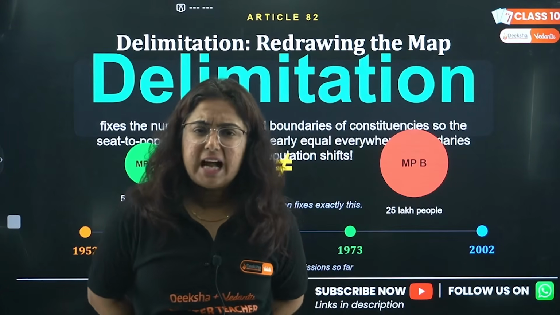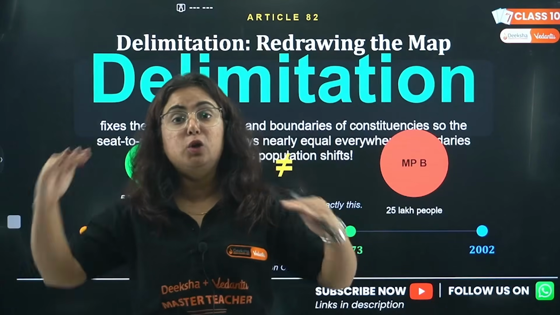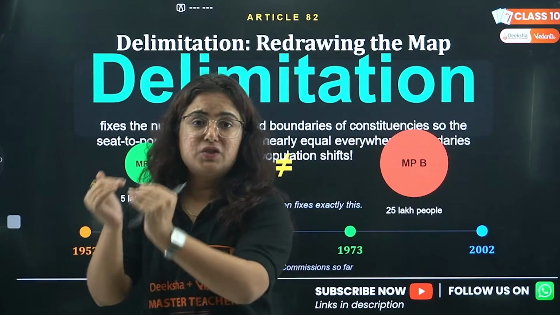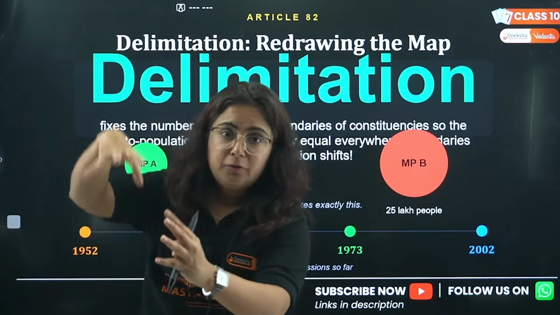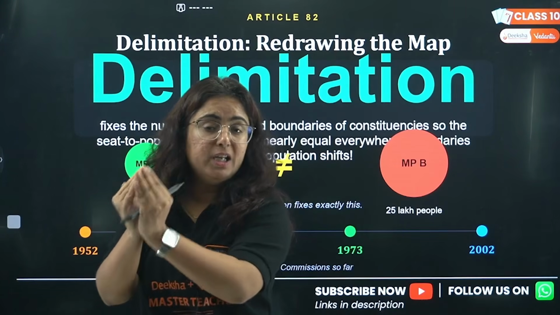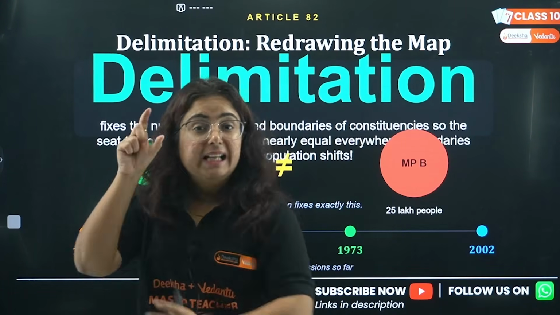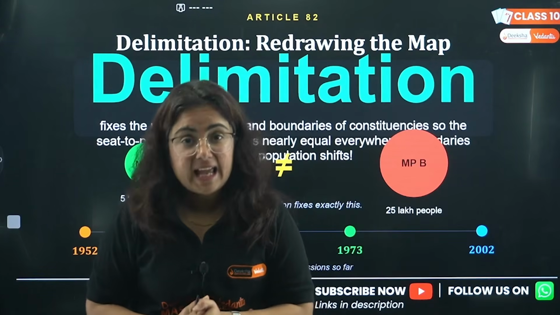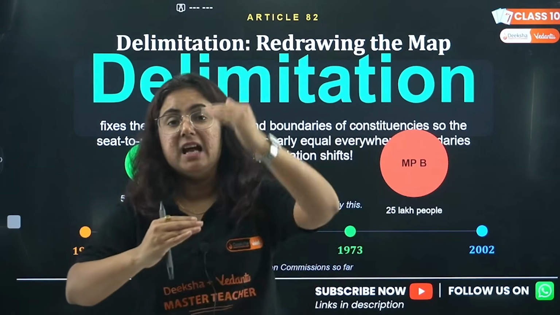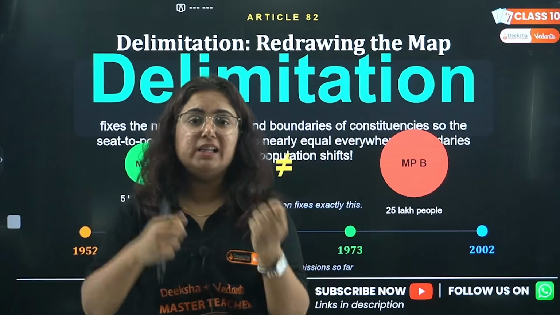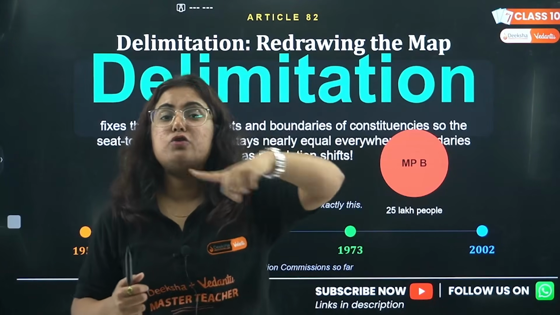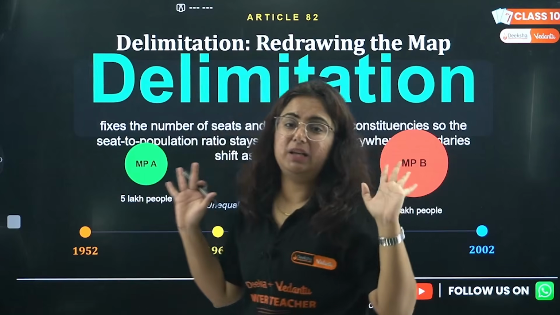Do you feel that there will be fair representation? No. Why? As the population of Uttar Pradesh is more, there will be a lot of people per MP in the state of UP in comparison to Ladakh. And hence, according to the increase, decrease, changes in the population and the territories, these constituencies are redrawn, and that is known as delimitation.